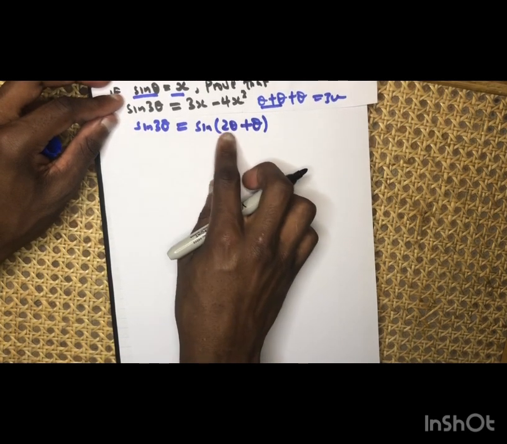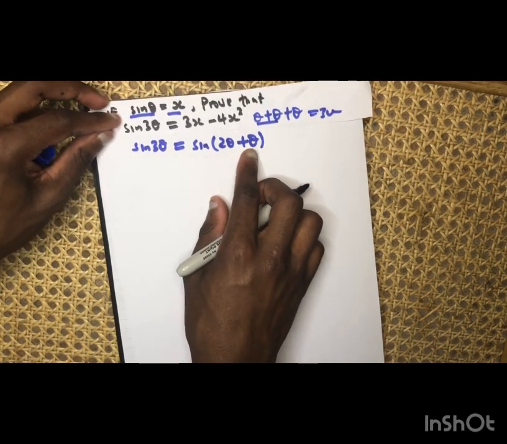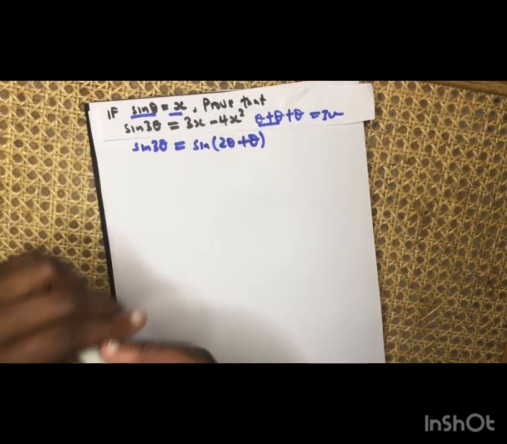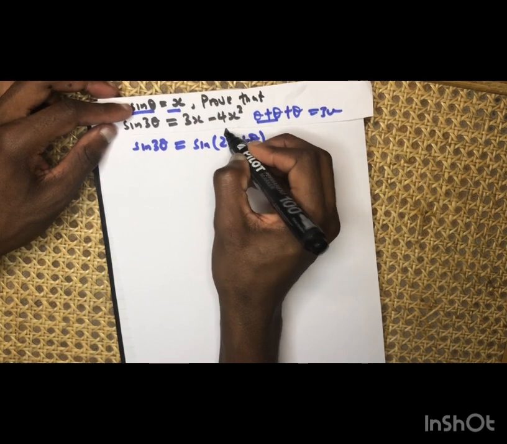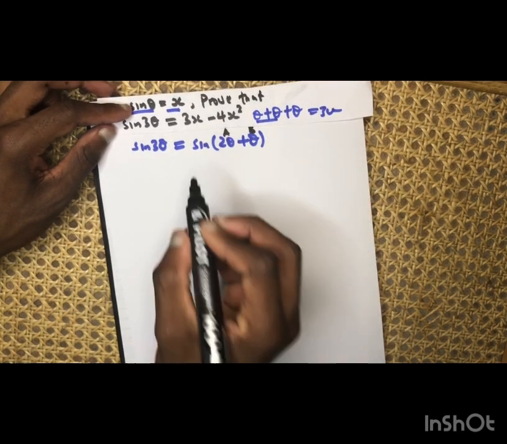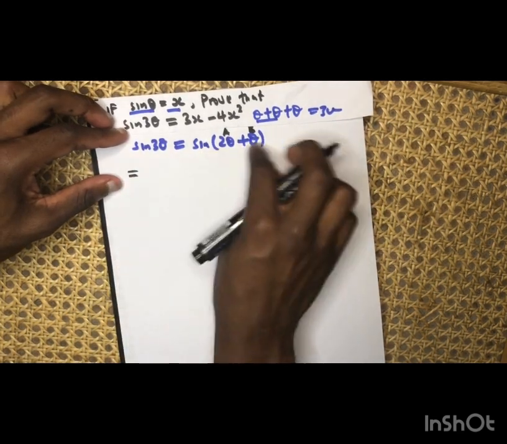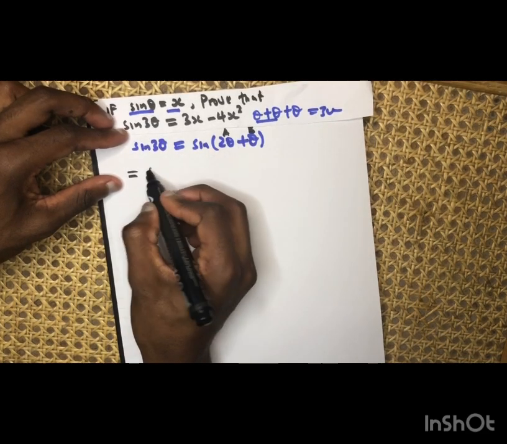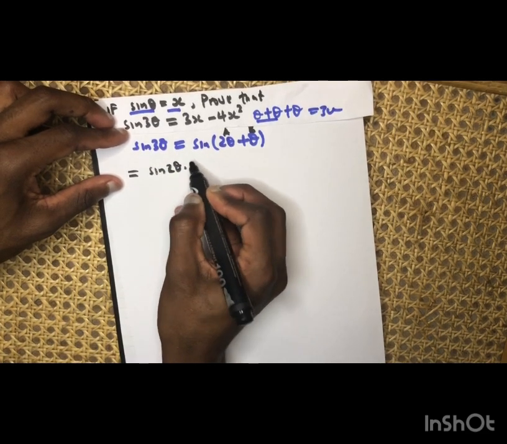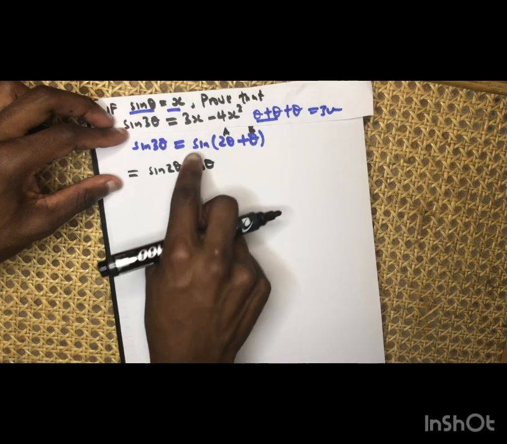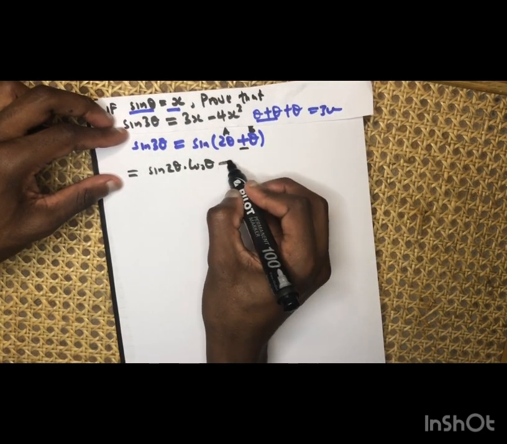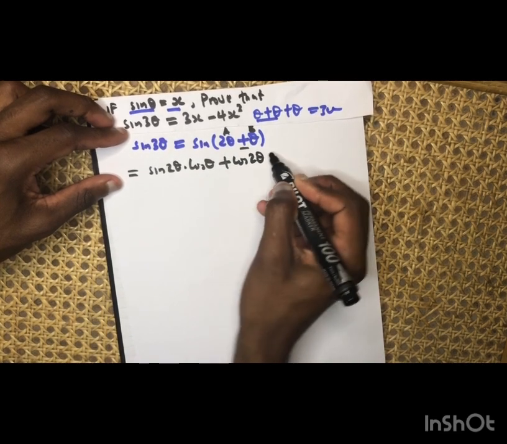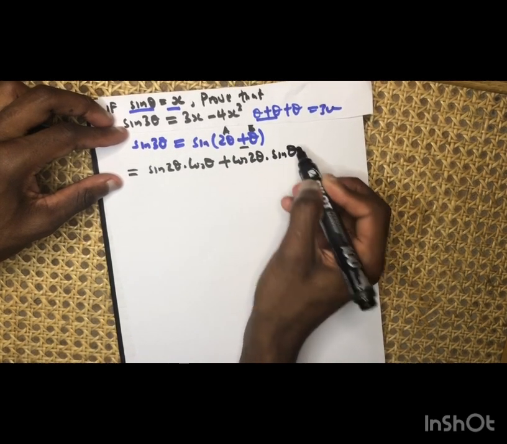We know that 2 theta plus theta is the same as 3 theta. So now remember your compound angle. This one will become A and this one will become B. So I'm going to expand this: it will become sine 2 theta cos theta, because the compound angle of sine is sine cos and sine keeps the sign. So plus cos 2 theta times sine theta.